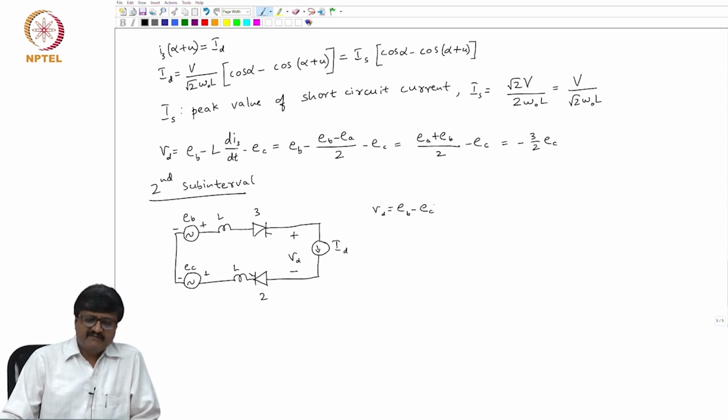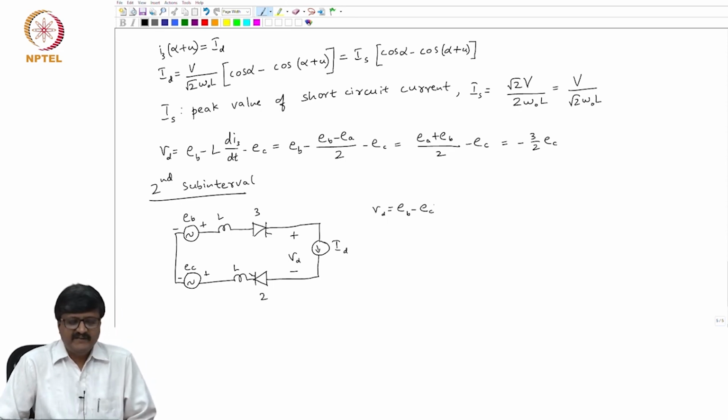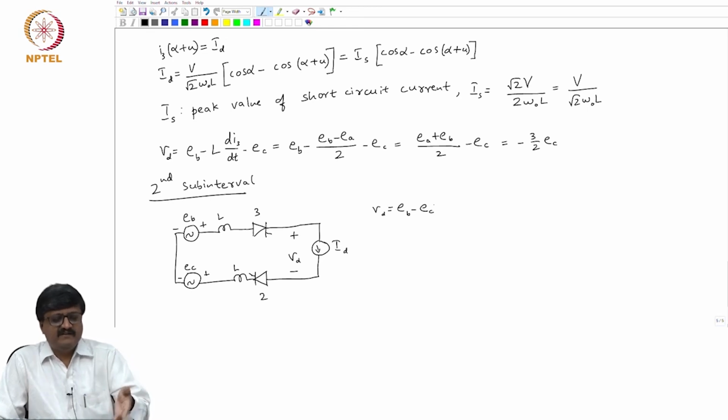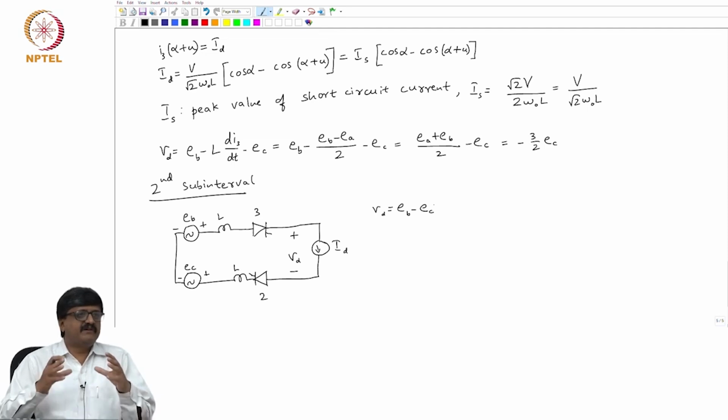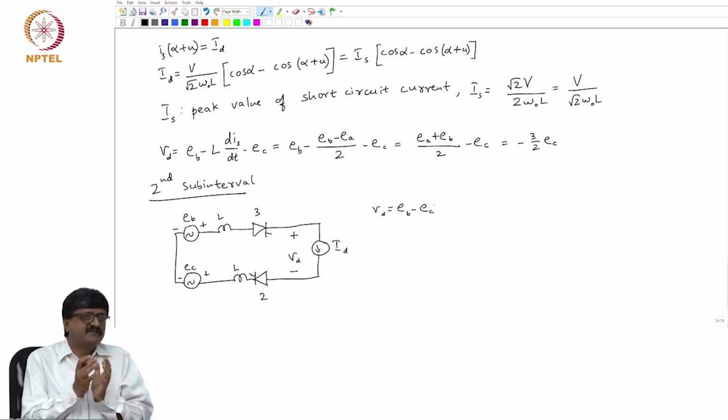So, if I want the average value of Vd, can I get it from the expression for Vd in the first subinterval and second subinterval? The first subinterval and second subinterval constitute one interval of 60 degrees. Now, is one interval sufficient for computing the average value of Vd? On the DC side, the minimum period is 60 degrees.